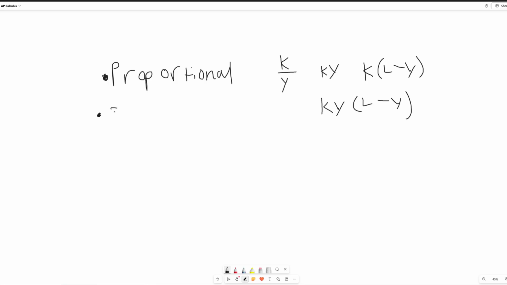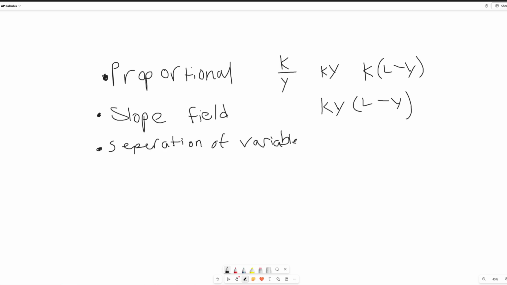You need to know how to work with slope fields, because there will always be a slope field on the test, at least one. You need to know separation of variables. There will also always be a separation of variables on the test. And then for BC, Euler's method, again, all these sub-BC topics will be on the BC test at least once.